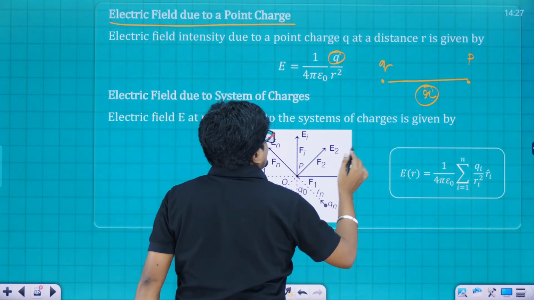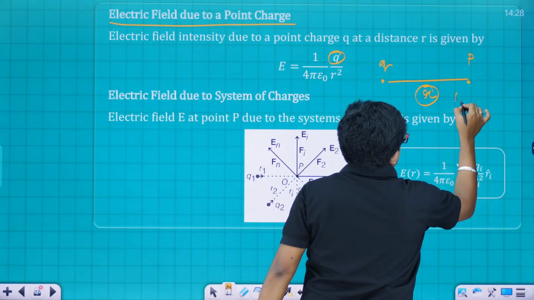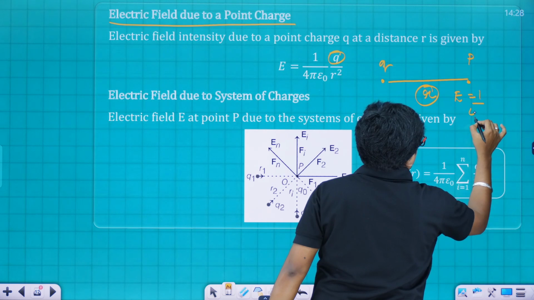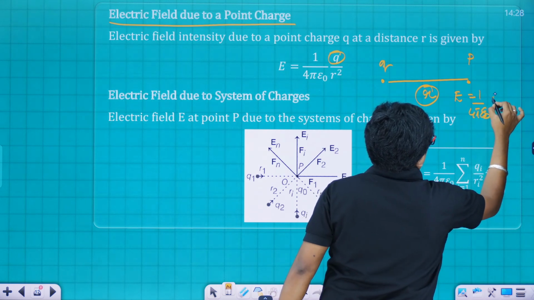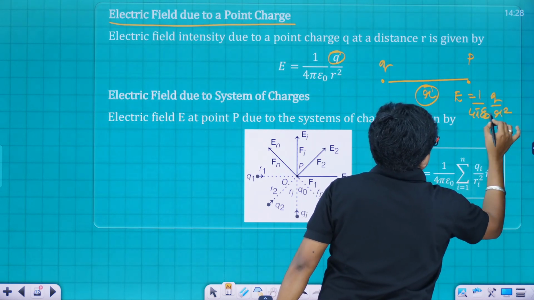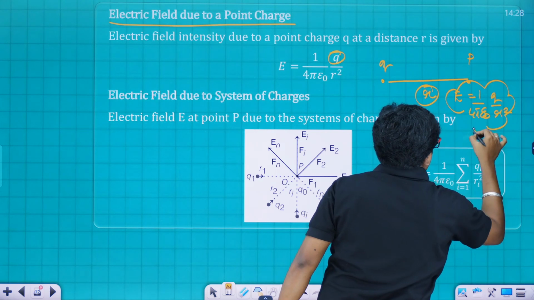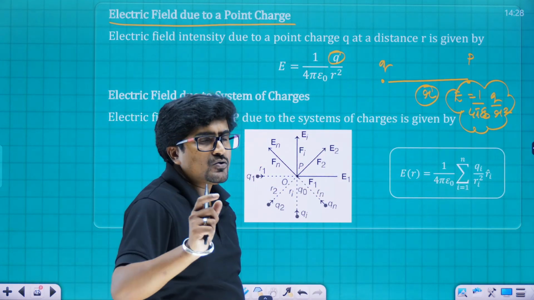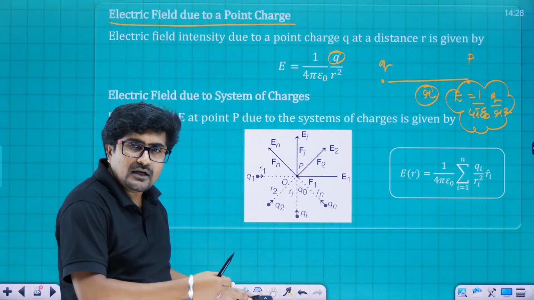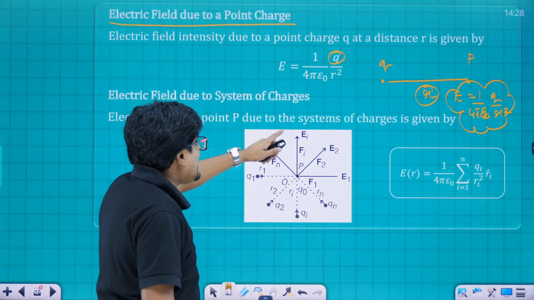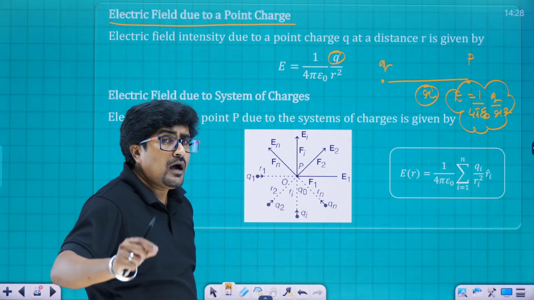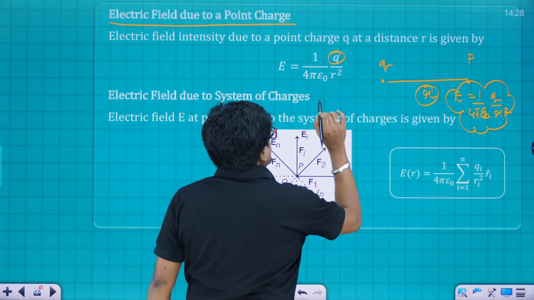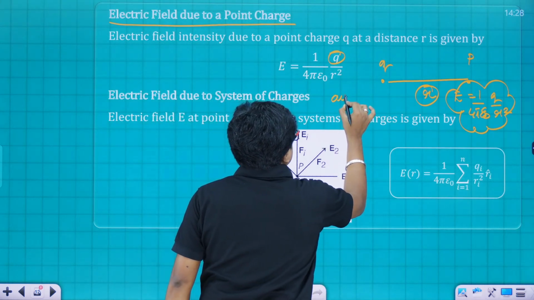So there the electric field is going to be capital E equals 1 divided by 4 pi epsilon naught, q by r square. All right, q by r square, where q is the source charge and small letter r is the distance of separation. How to find out the direction, that we already discussed in detail, and this is the case where, I repeat, the medium is air.